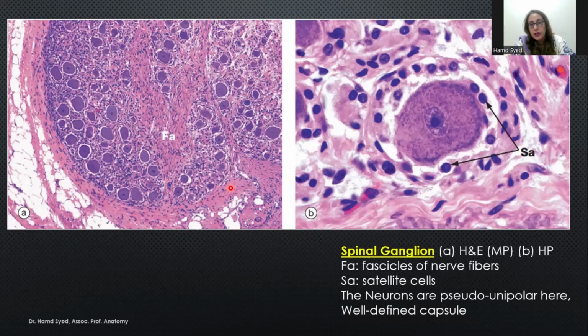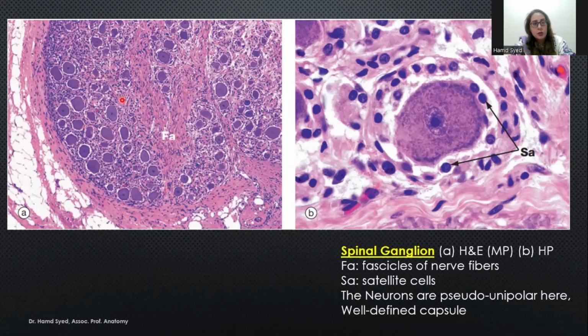And this spinal ganglion, remember, is present in the dorsal root of the spinal nerves. And you can also see the fasciculi, or you can say the septa, which are then emerging from this outer connective tissue capsule towards the inner aspect.